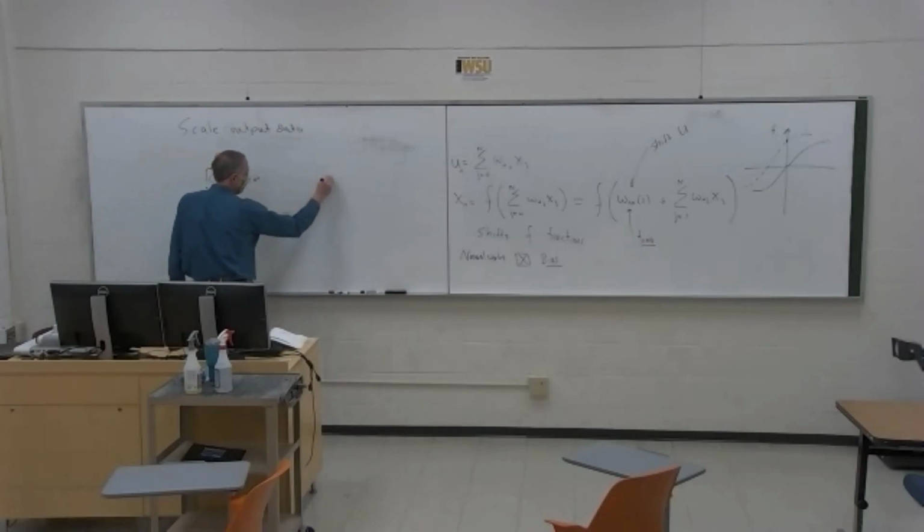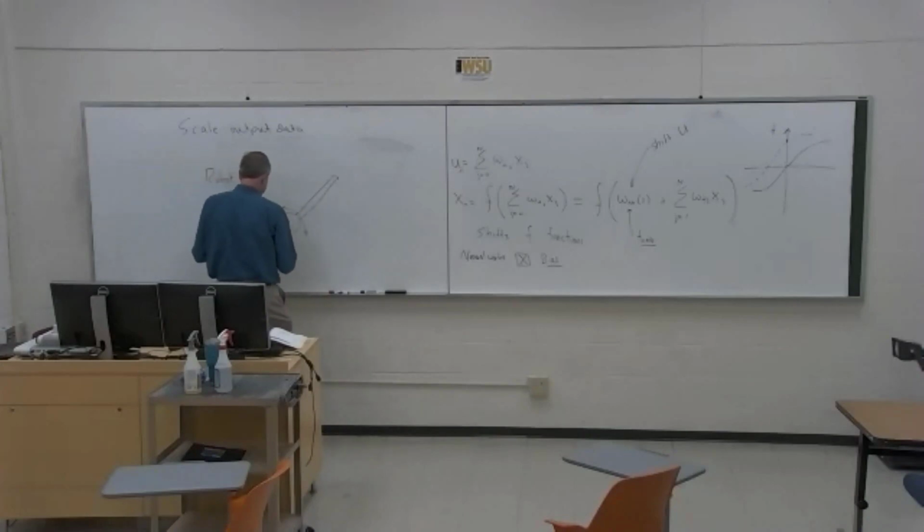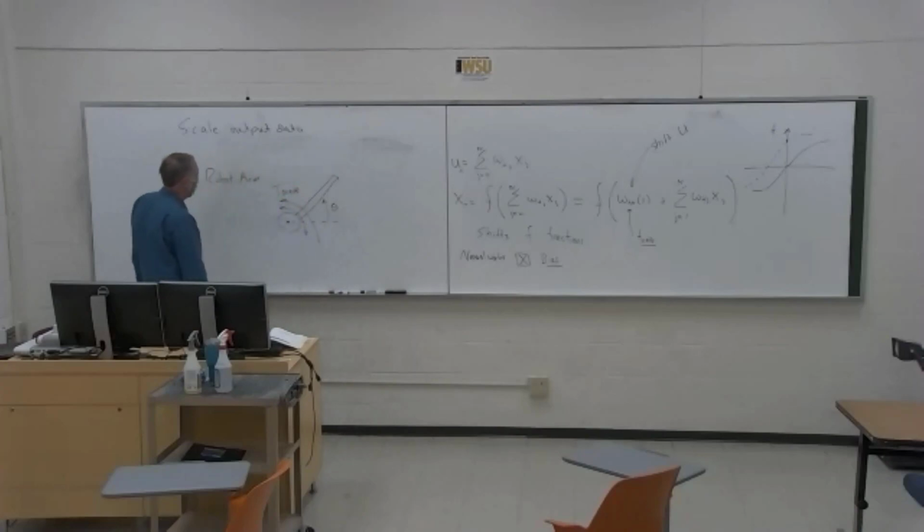It's a real simple, just a single link robot arm, and this thing can rotate about that point. And we'll actually work an example like this. Measure this angle theta. We want to apply a torque to this and use a neural net where the output of the neural net is theta.